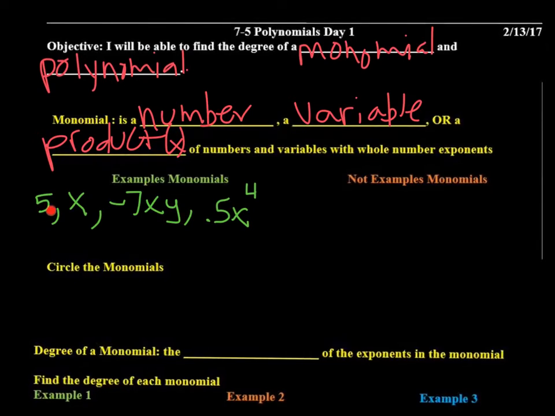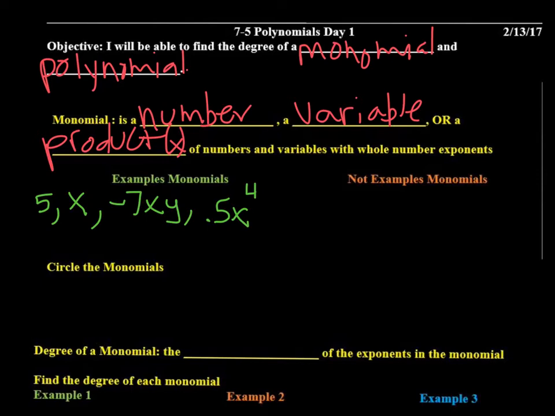So again, you can see we have a number that will represent a monomial, a variable that's also a monomial, a product means -7 is multiplied by x and multiplied by y, that is also a monomial, or a number multiplied by a variable raised to a whole number exponent, that is also a monomial.